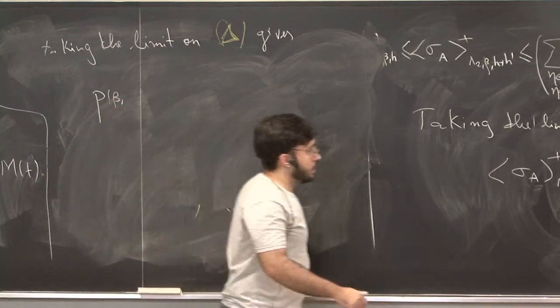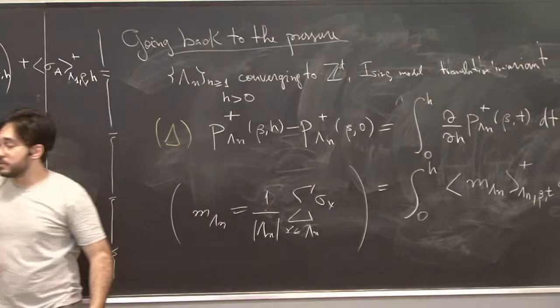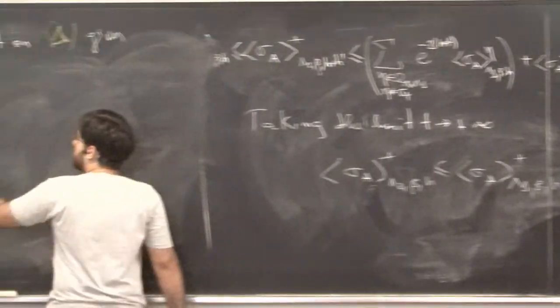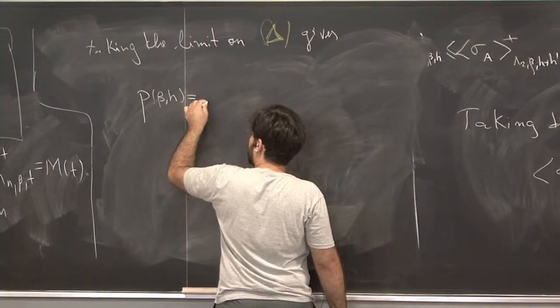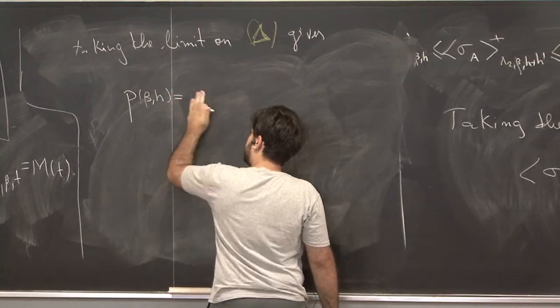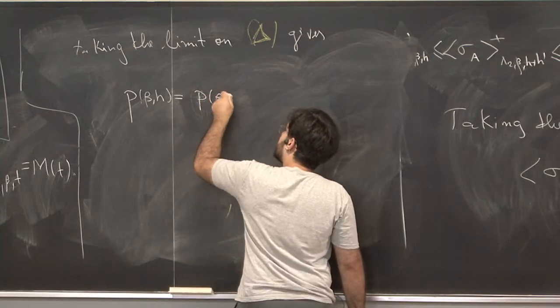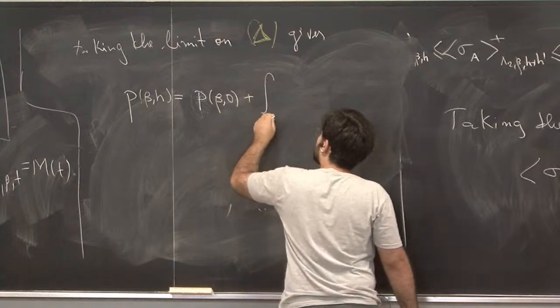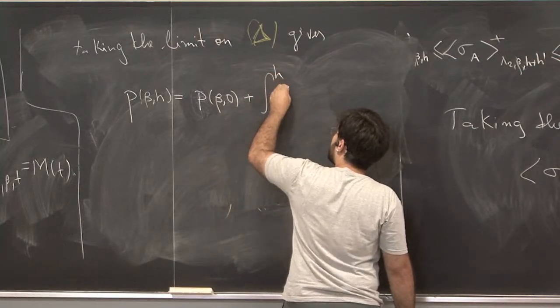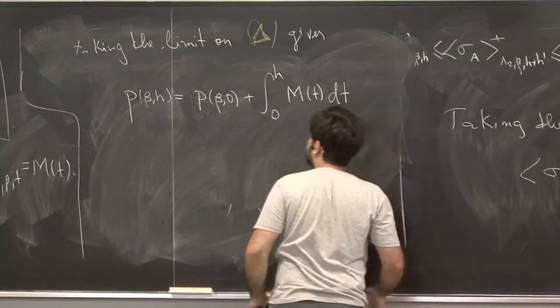Remember, all boundary conditions converge to the same value, and this is the pressure. So this will give us the following expression for the pressure: P beta h equals P beta 0 plus an integral from 0 to h of m t dt.